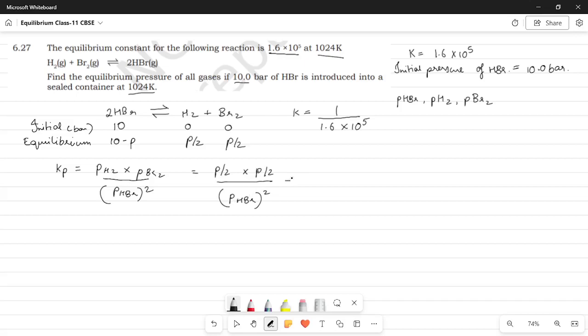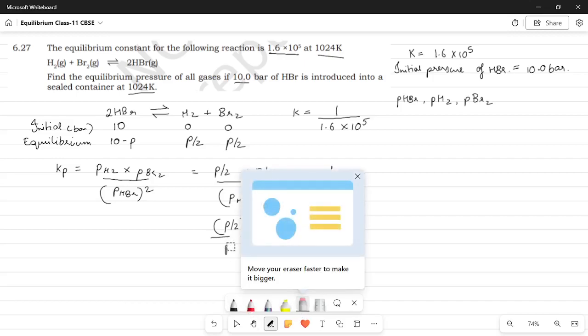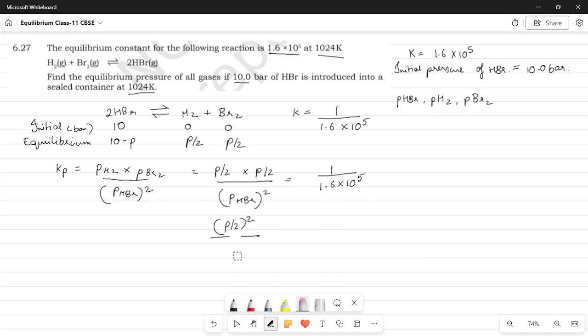Now this is equal to the equilibrium constant, which is 1 divided by 1.6 into 10 to the power 5. So we're going to simplify this whole thing. So first of all, you have P by 2 square divided by PHBr whole square is equal to 1 divided by 16 into 10 to the power 4.